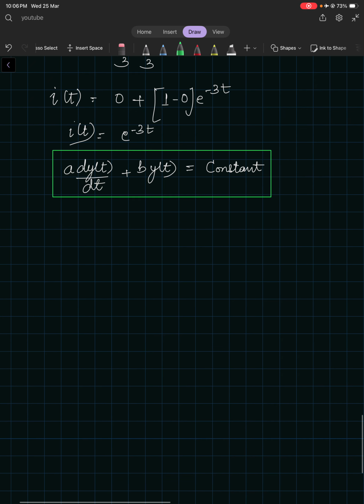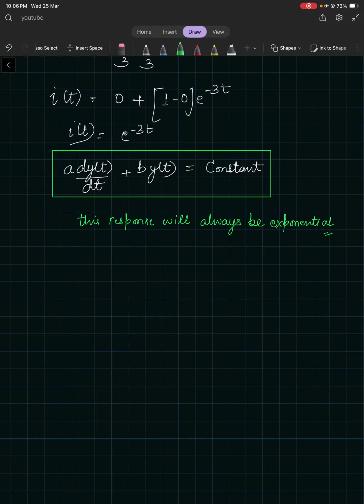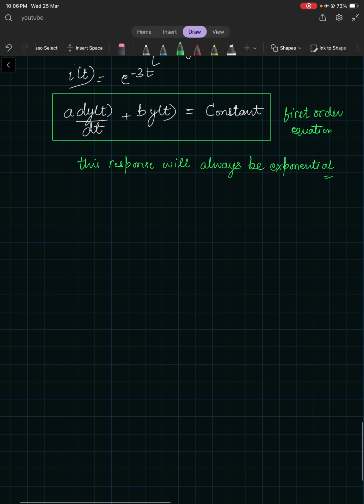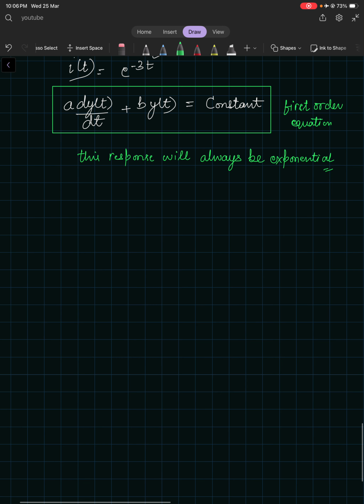And the response will always be exponential, for a first order equation. Even by looking at the circuit you come to know whether it is a first order circuit or a second order circuit or maybe higher order circuit, right?